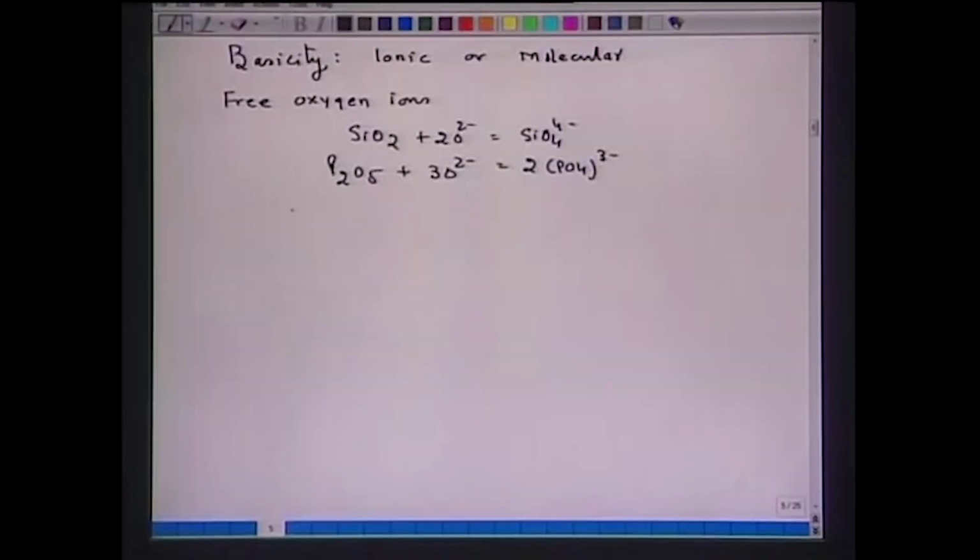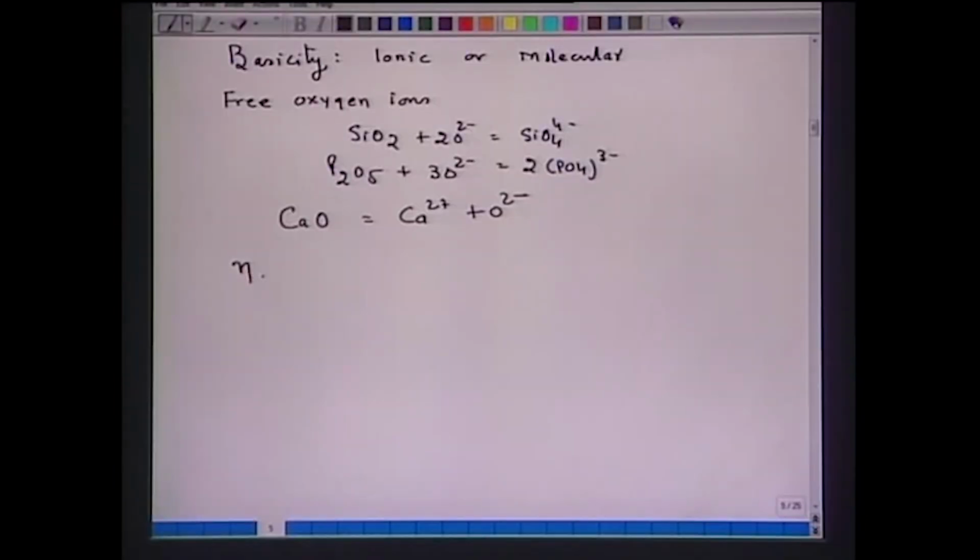Now, from where will it come? If I add calcium oxide, then it will give me Ca2+ plus O2-. So, we can define a neutral slag as one which contains enough O2- ions so that each tetrahedron of acidic oxides is independent of each other.